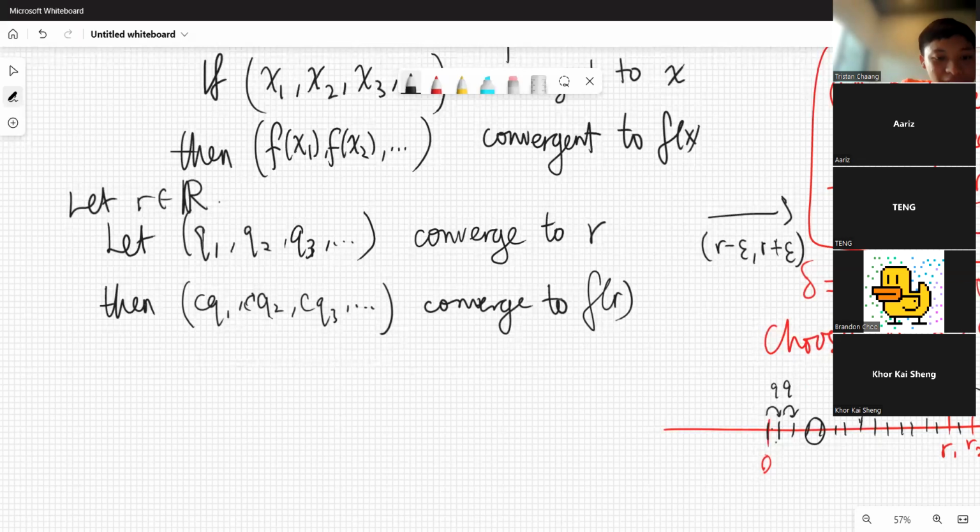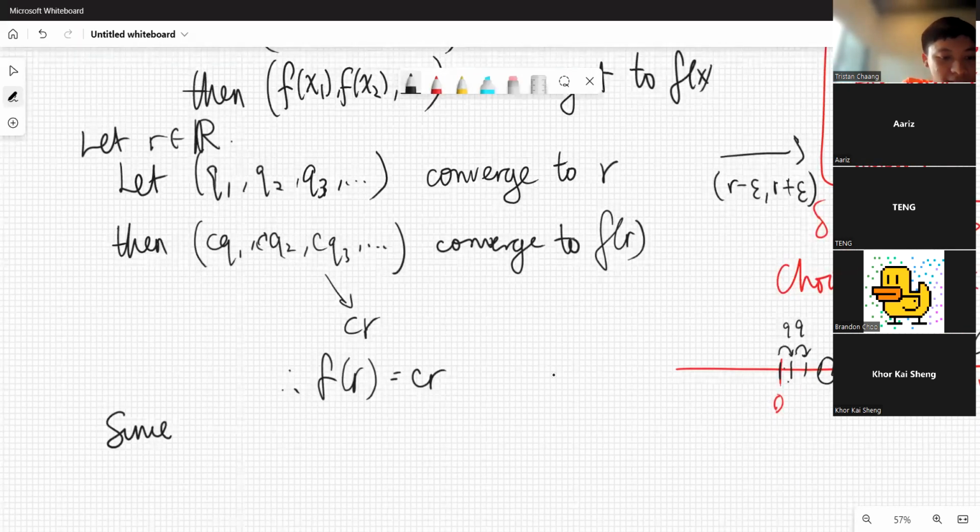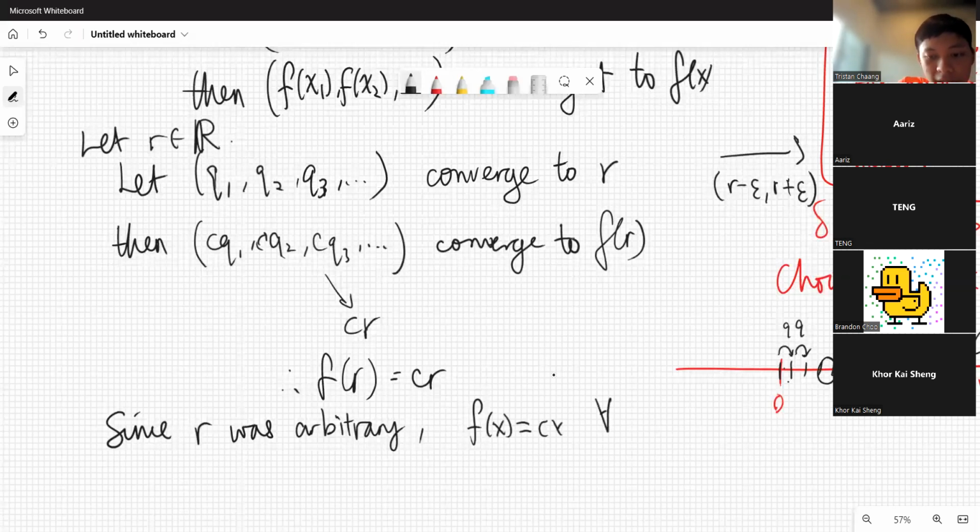So this must converge to c r as well. Therefore, f(r) is c r. And since r was arbitrary, f(x) equals c x for all x.